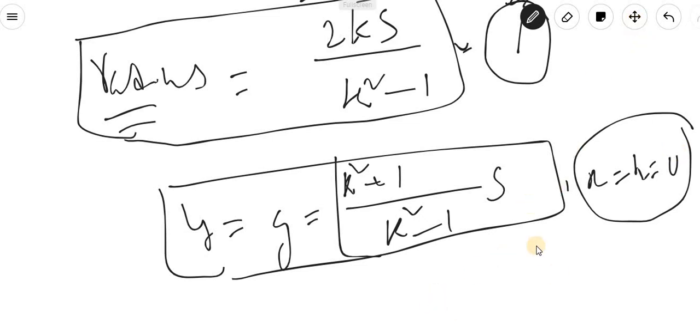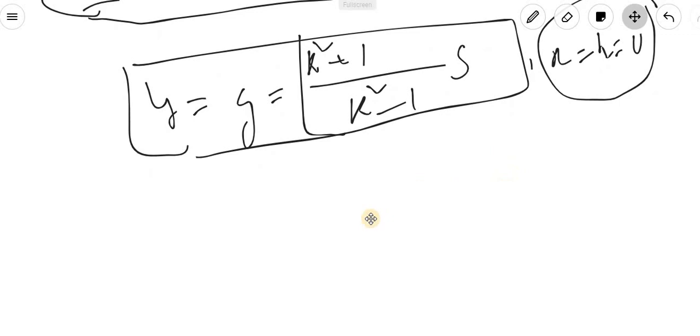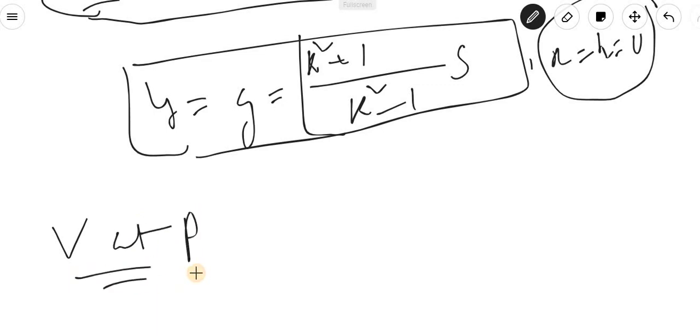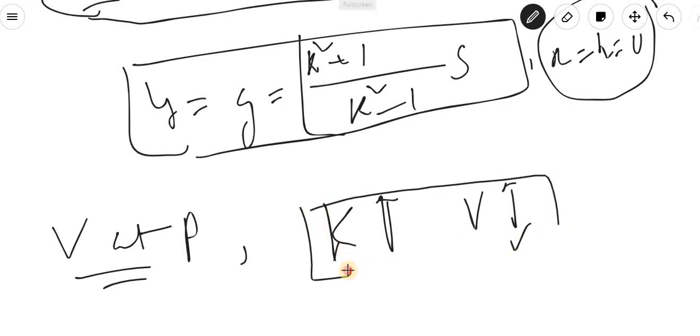So from the above discussion, the equipotential line corresponds to the voltage V at P, the total potential V at P. The higher potentials: that means if K increases, the potential also increases.